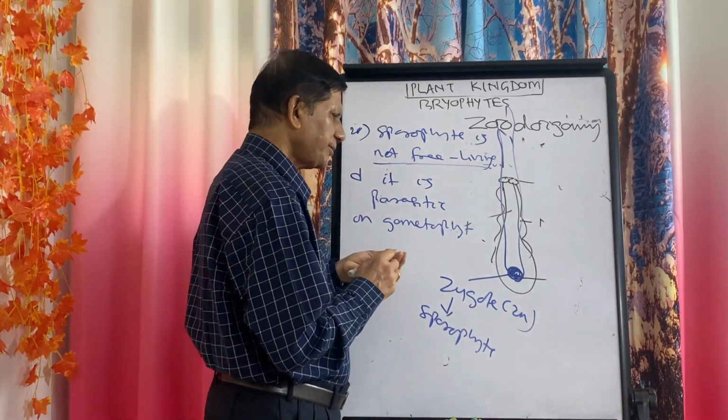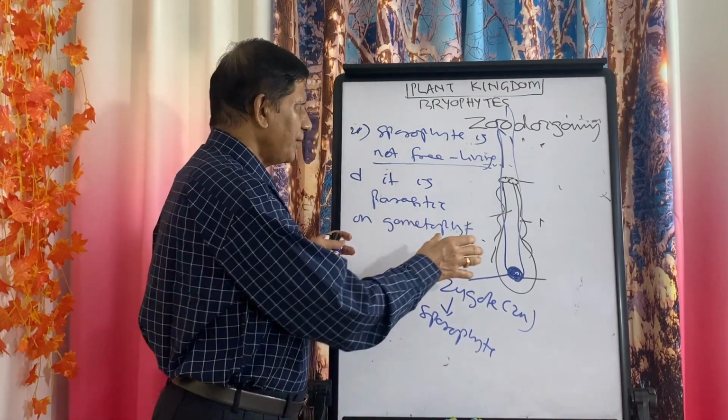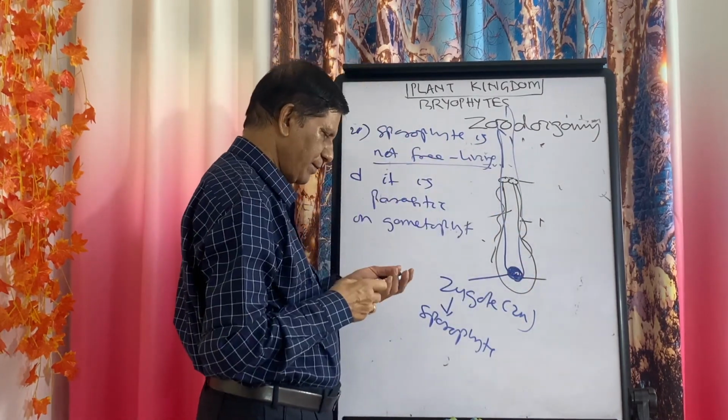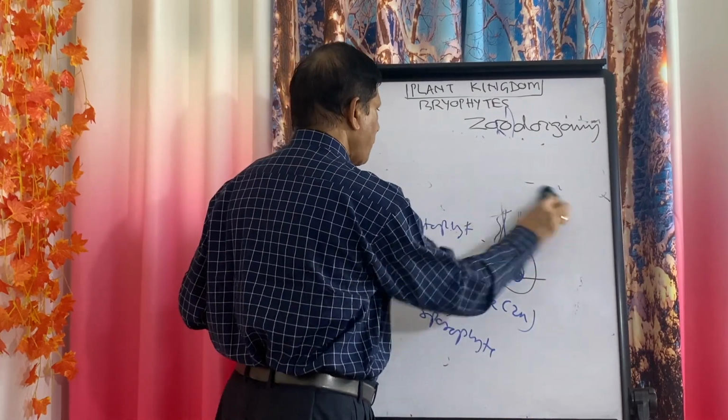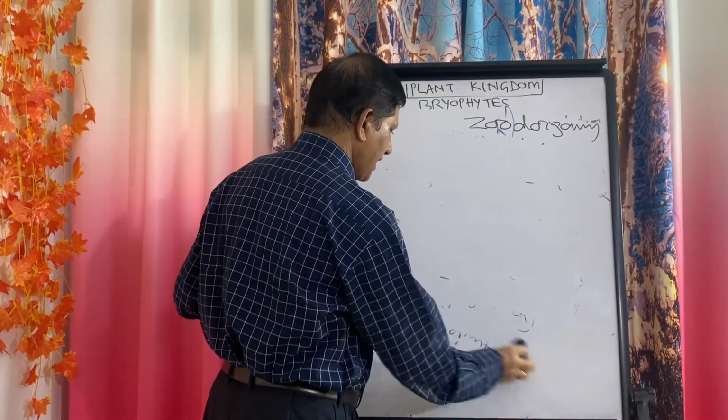So this is the sporophyte which develops. This sporophyte has three parts: foot, seta, and capsule.